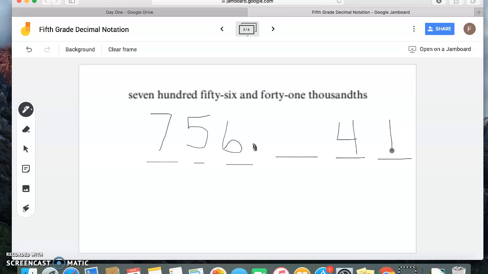So I'm going to write 41, and that 1 is in my thousandths place, but now my tenths place has nothing. So I still need to fill that with a digit, and that's where I'm going to put my 0 here to represent the digit in my tenths place, giving me 756 and 41 thousandths. This is how you represent this number in word form and standard form.